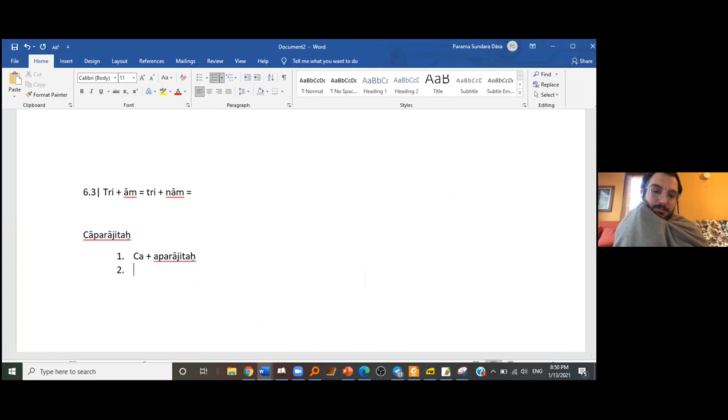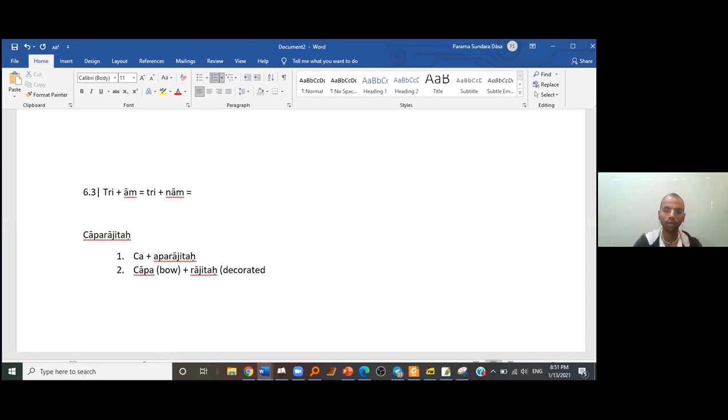The second meaning is Chapa rajitah. What does Chapa mean? A bow. And rajita means decorated, ornamented, well equipped. So it's one word. When I read it first, I was really glad, wow: Cha aparajitah, and chapena rajita iti chaparajita.